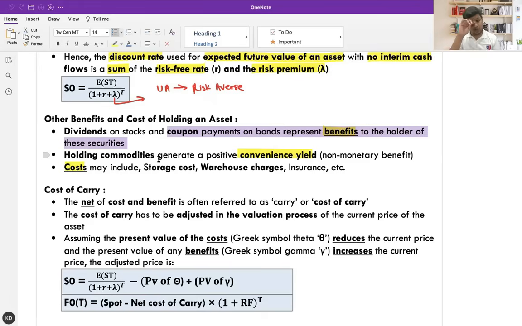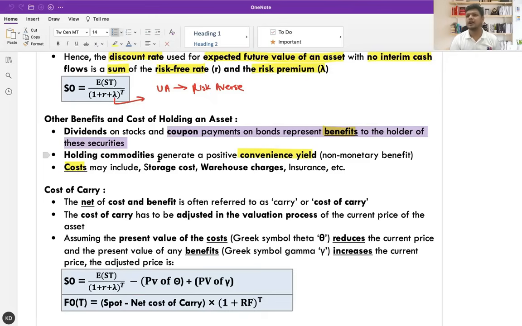Well, the cost of holding the asset, there are two things now. What are the two things? You have a cost and you have a benefit. Tell me, if you're physically holding an asset, you have the benefit and you have the cost. But if you're holding the asset in futures, will you get this benefit?